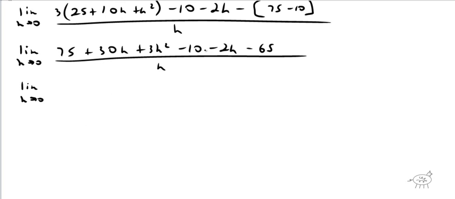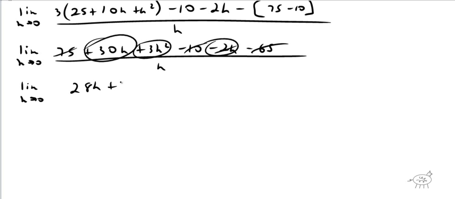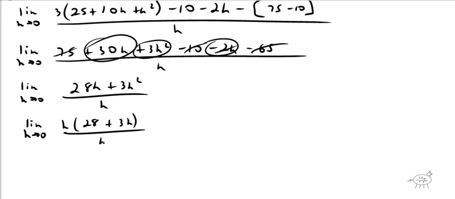75 minus 10 is 65. Minus 65 is 0. So we have negative 2h and 3h squared and 30h. So that gives us 28h plus 3h squared over h. I can factor out an h. So h times 28 plus 3h over h. Cancels out.